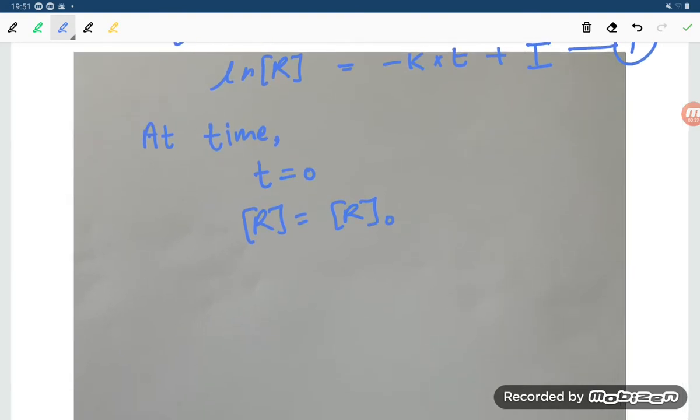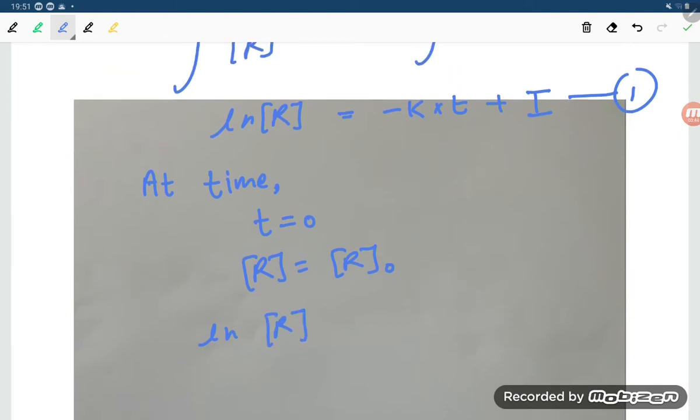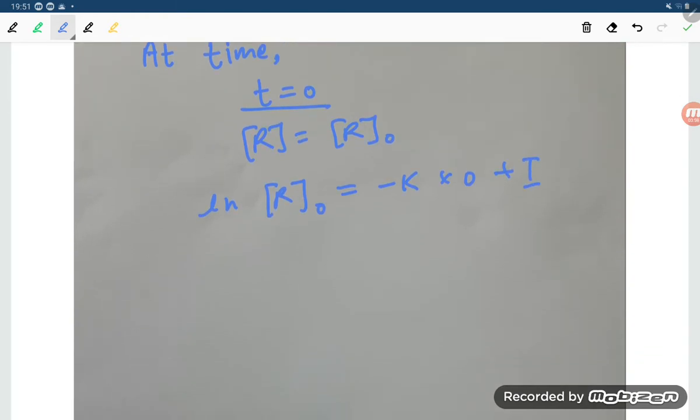So put this value in equation number 1. ln R naught is equal to minus k into 0 plus I. If k into 0 means 0, so ln R naught is equal to I. This is equation number 2.